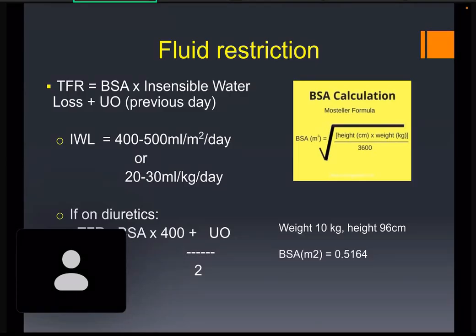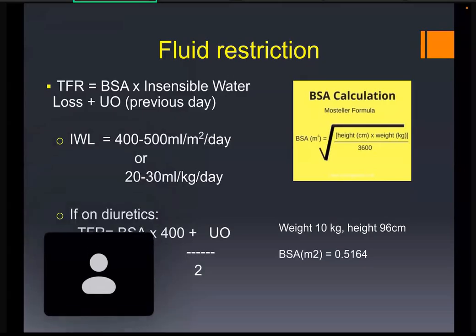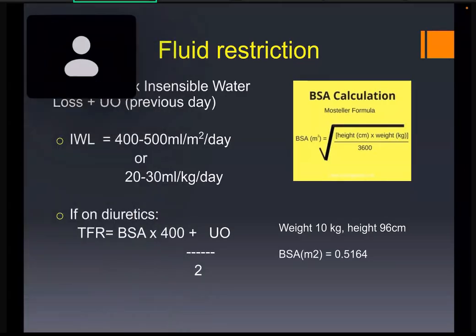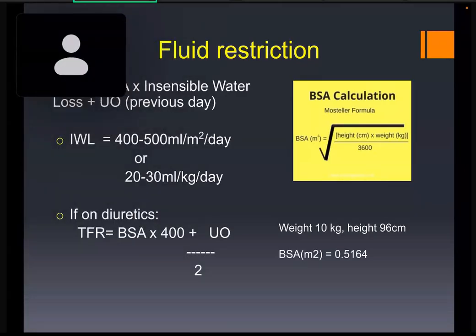That is how you compute for the BSA. Okay, and then the result of which you multiply by around 400 to 500 ml. For example, for our patient, the weight is 10 kilos and the height is 96 centimeters. So you compute it, if this is right. Screenshot and then confirm it is right, so that we can move on. Okay?